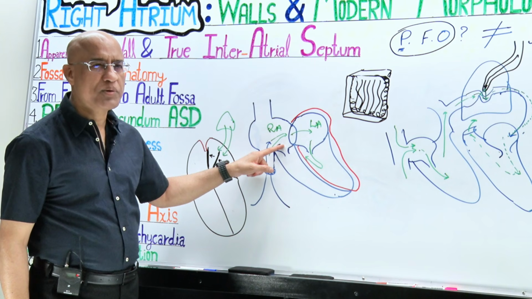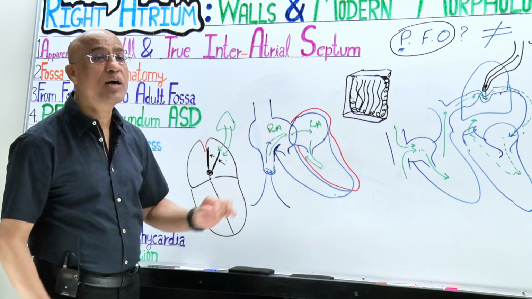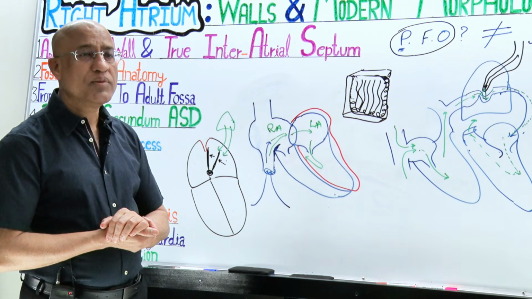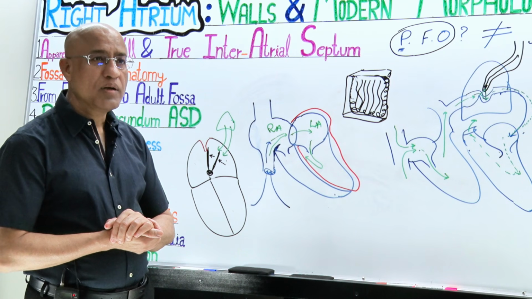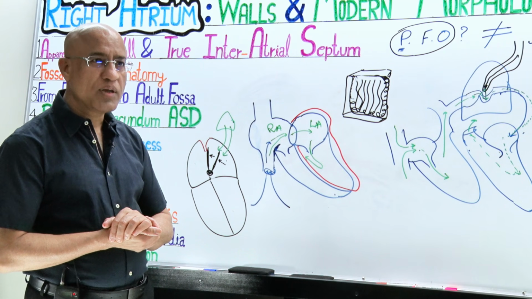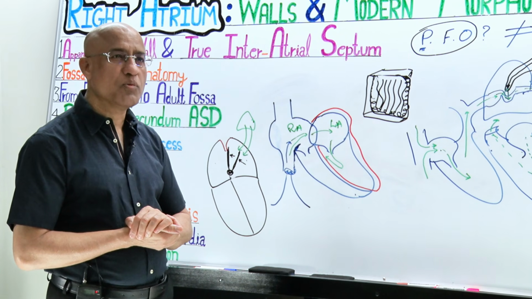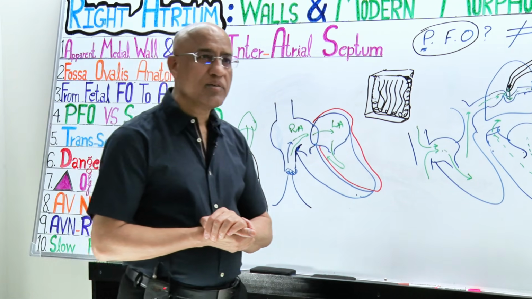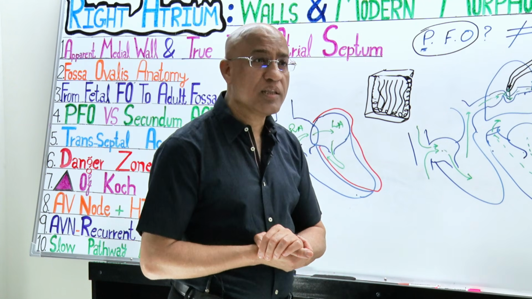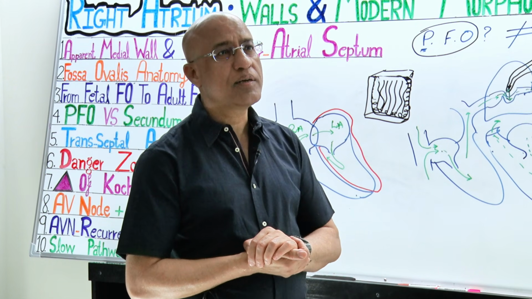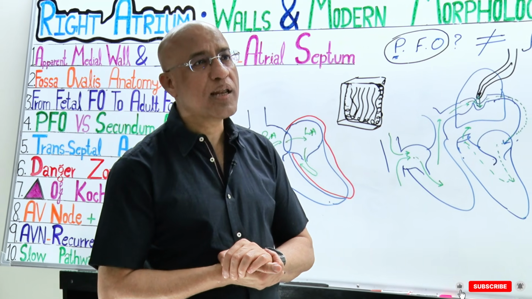This is really unfortunate, because many young patients, when they develop stroke at a very young age, many of them, when they are investigated well, sometimes it is found that they have patent foramen ovale.